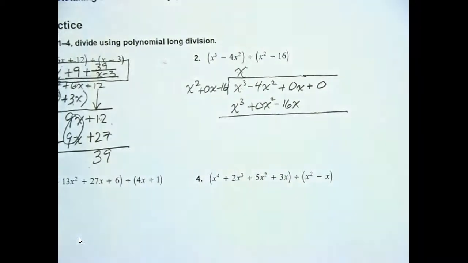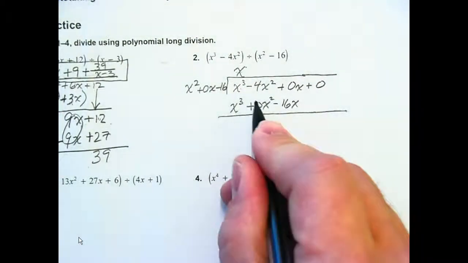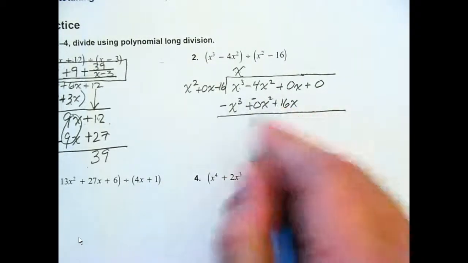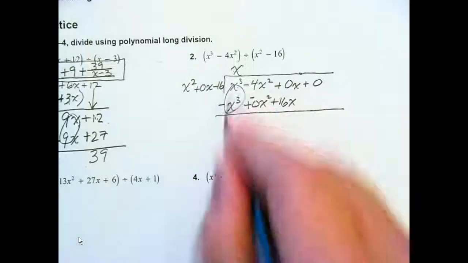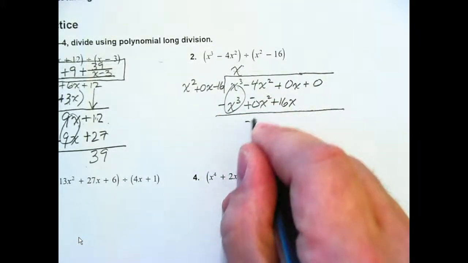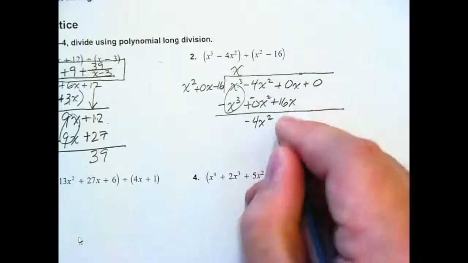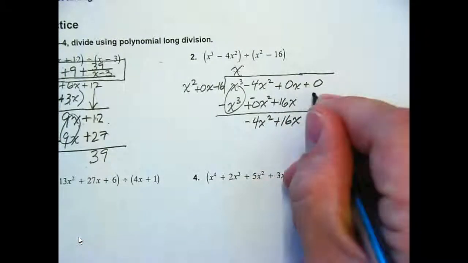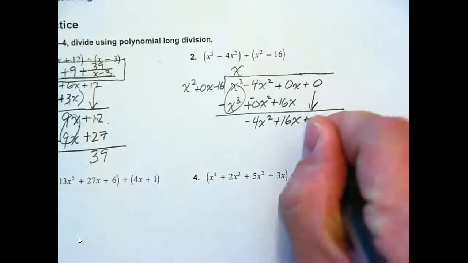Okay, now we subtract, which means we flip the signs, and you have a negative 0 and a positive 0, which really doesn't matter. That's gone. This becomes negative 4x squared. This is 16x. We bring down our hero, 0.